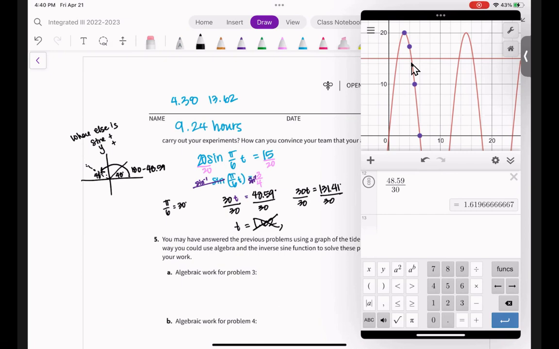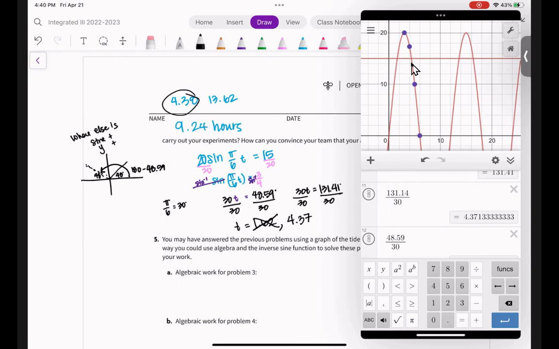And then I'm going to go to the next one, which is 131.41 divided by 30. And I get 4.37, which is exactly what I got up here. And you're like, Ms. Johnson, but you need one more. Yes. So I'm going to take my 48.59 degrees and go in a complete circle.